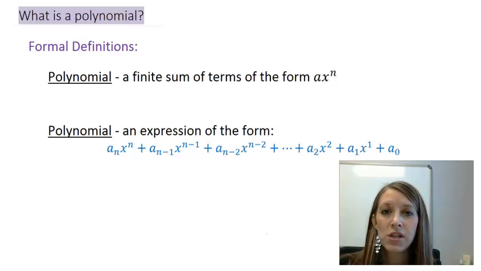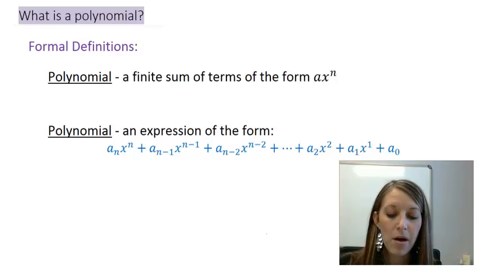Both of these definitions I have pulled from the math textbook that I'm referencing for this class. The first formal definition of a polynomial is a finite sum of terms of the form a times x to the nth power. And the second one says it's an expression of the form that you see there.